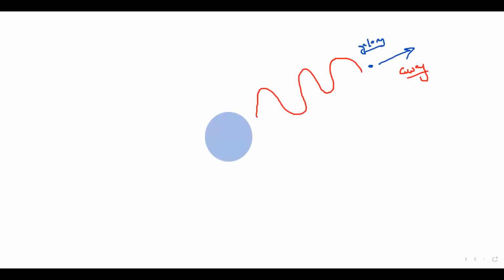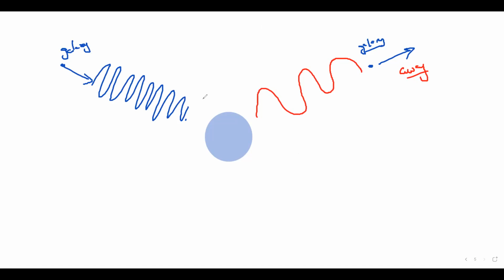And there is another galaxy which is moving closer to us. What wavelength will we receive? We will receive a shorter wavelength. So as the galaxies move towards and away from us, the wavelength which we receive from the galaxy changes, and this change is known as the Doppler effect.